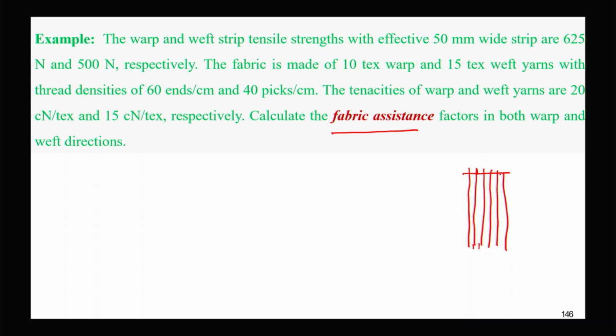Here in each thread, suppose the strength is S for each thread, and in this strip there are N number of threads. So the total strength will be S multiplied by N.